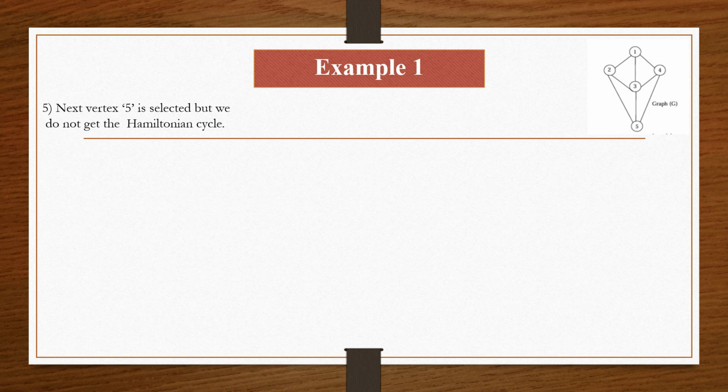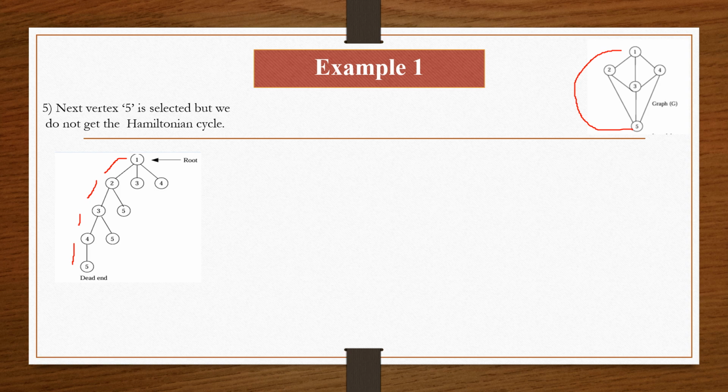So 2 has been already explored, 3 has been already explored, and while exploring 5 we ended up with 5. So from 5 we cannot reach back the initial vertex 1. So there is no possibility of a Hamiltonian cycle when this path is explored. From 1 we have traversed to 2, then 3, then 4, then 5. Since 5 is not connected to 1, this is a dead end and this doesn't result in a Hamiltonian cycle.